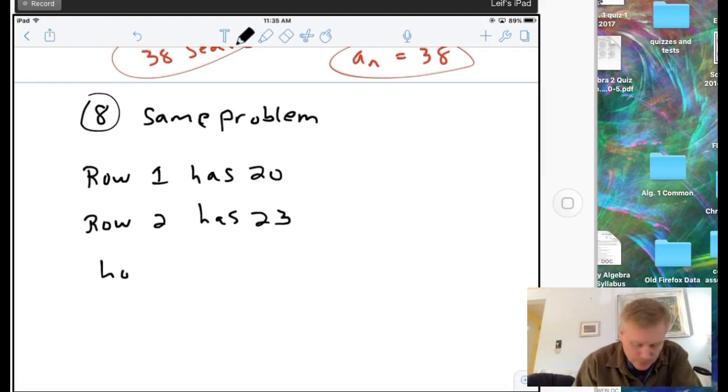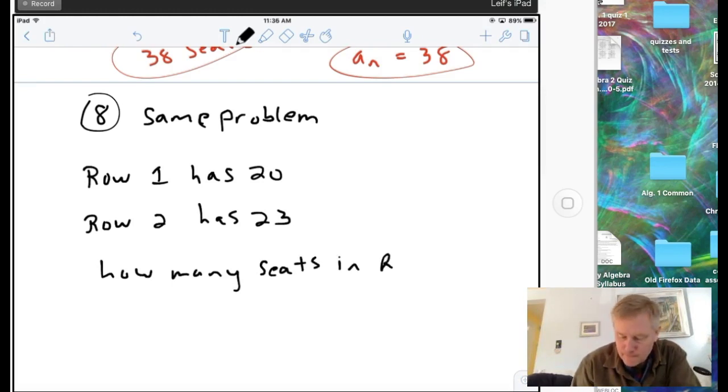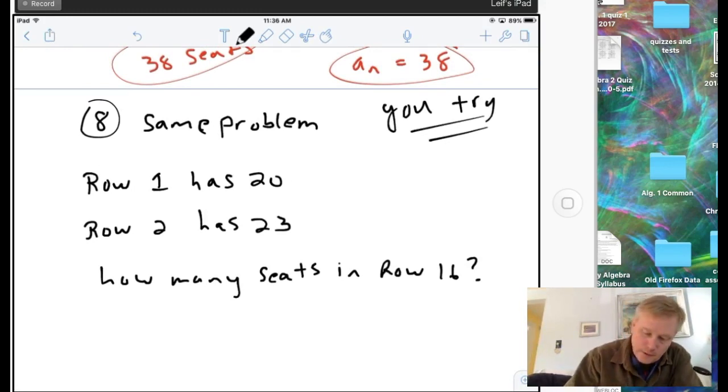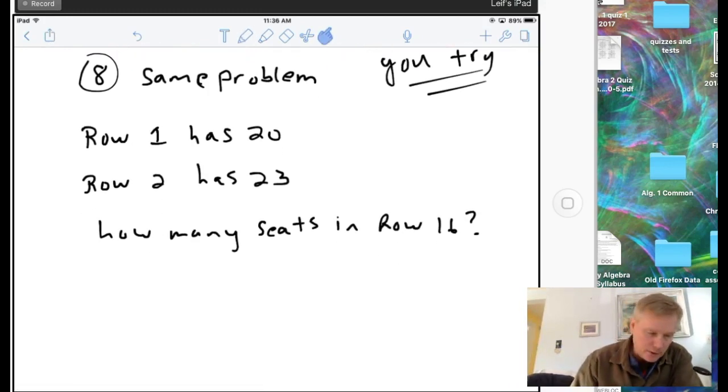How many seats are in row 16? Okay, so hit pause, do that one out. That's a you try for the last one. And then I'll show you how to do it.